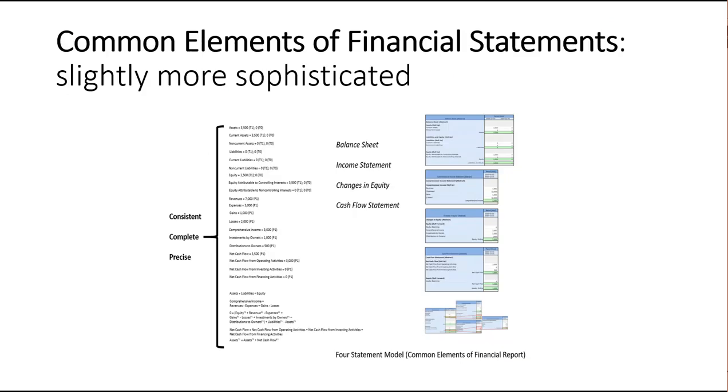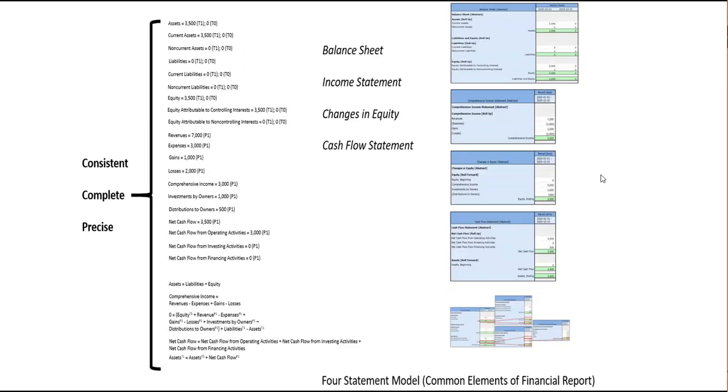So now I add some more elements in the common elements of a financial statement because SFAC6 does not have a cash flow statement, but we want to use the four-statement model, so it gets bigger, so it's harder to see. And you can see that it's getting harder to use this format to show things.